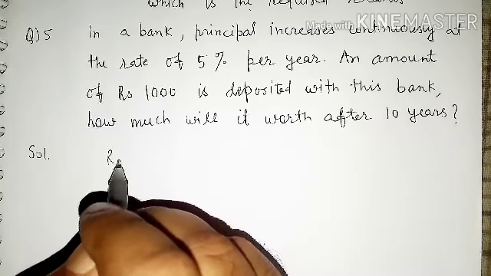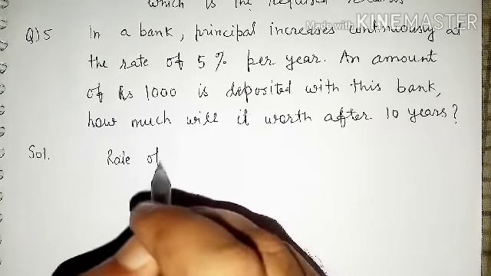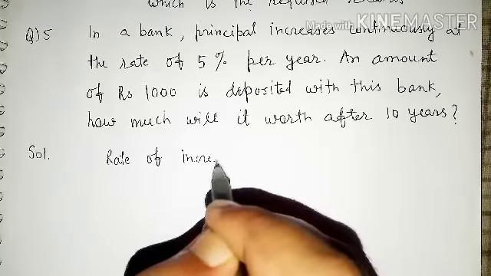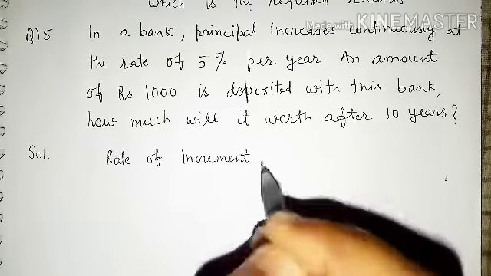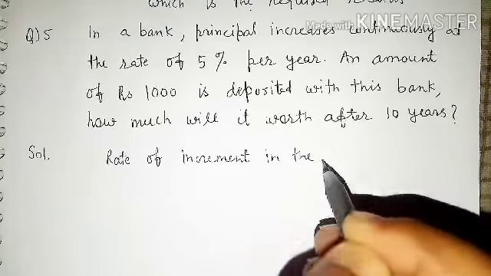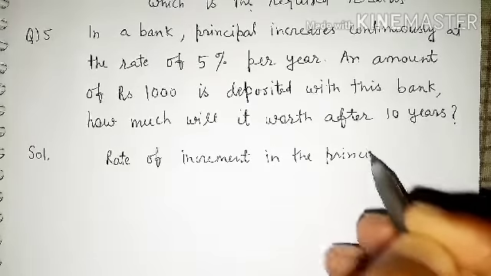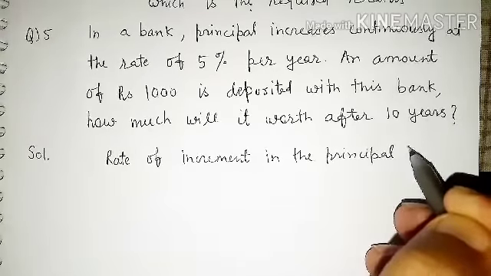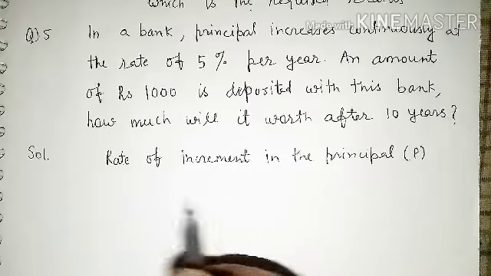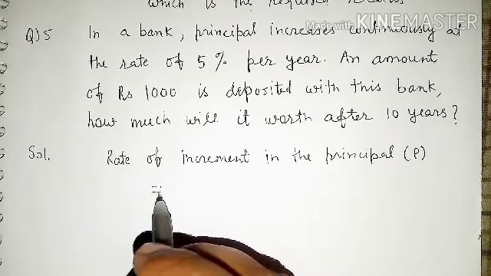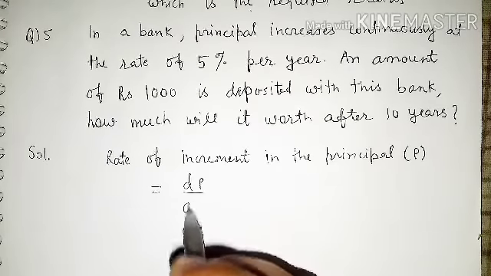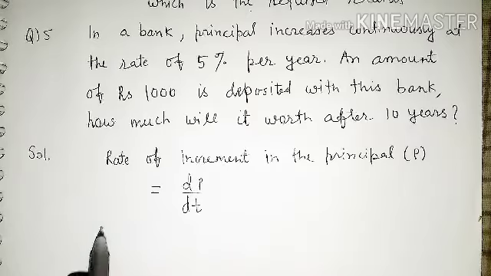Rate of increment in the principal P is equal to dp by dt.